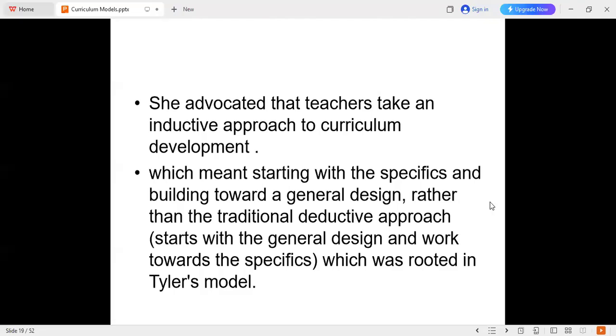That's why later, when teachers prepare their lesson plan, they were instructed by teacher educators, teacher trainers, instructional supervisors to write specific objectives.